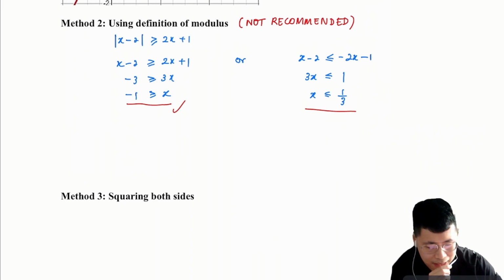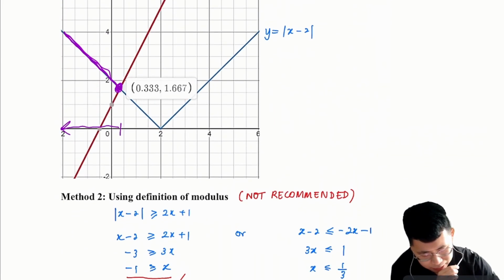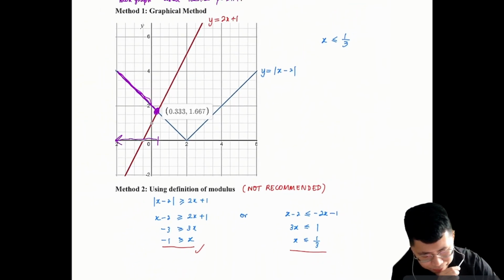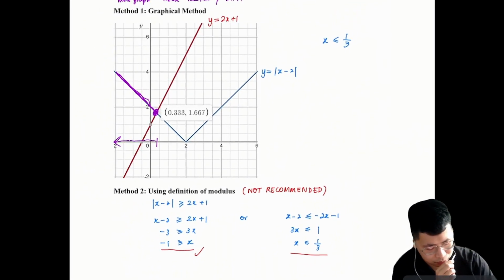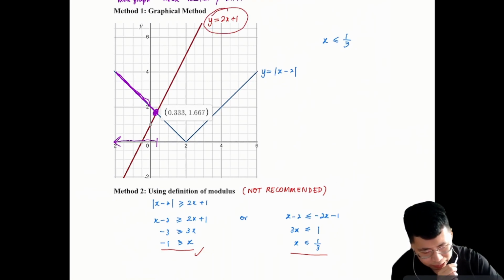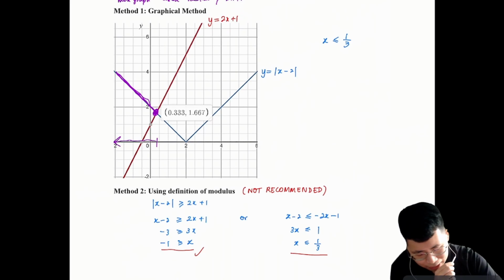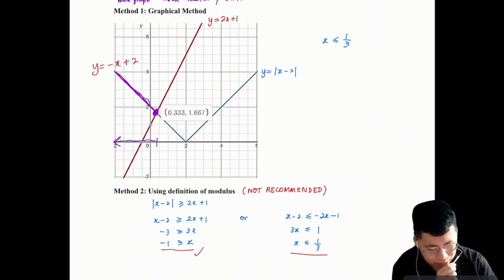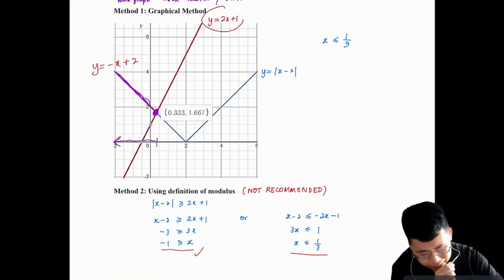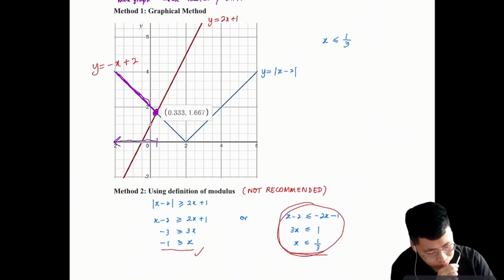However, let's take a look at the graph above. Notice that for the graphical method, the intersection is only between y equals 2x plus 1 and y equals -x plus 2. So it's in between this graph and this graph, so technically this inequality would hold.